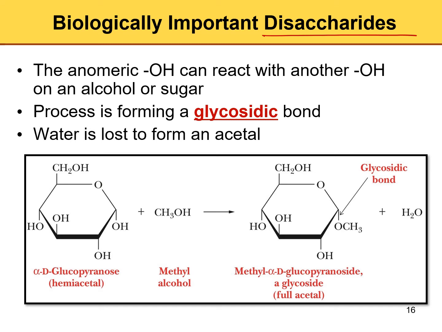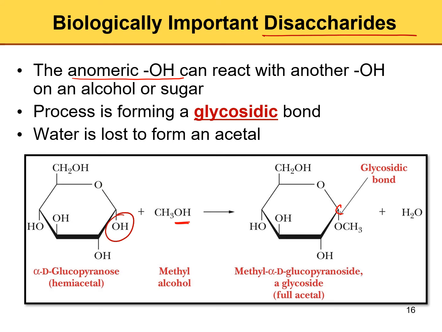Of course, disaccharides. So all the monosaccharides, they can react, and the anomeric OH can react with other alcohols to form a glycosidic bond, which is basically an ether bond, a C-O-C bond.